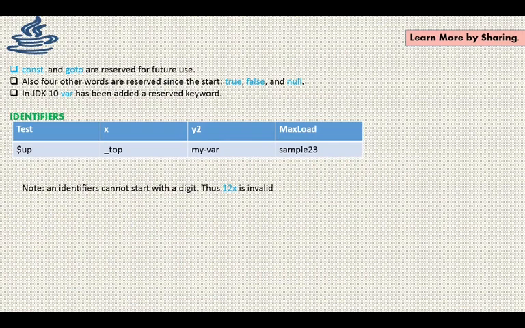Okay, there are also other keywords that have been reserved for future use, like const. You cannot use it, it's also a keyword. So const and goto are both reserved for the future, meaning right now they are not in use. I don't know if they are being used in JDK 15, unless we check the specification documents on the Oracle website.